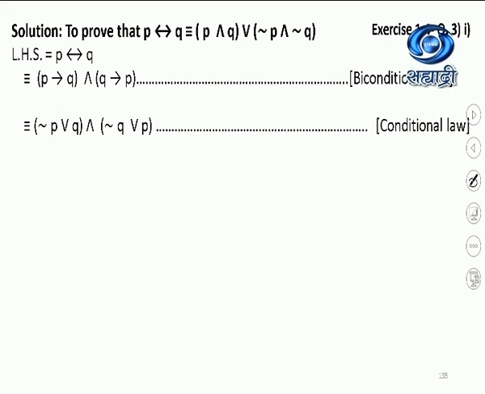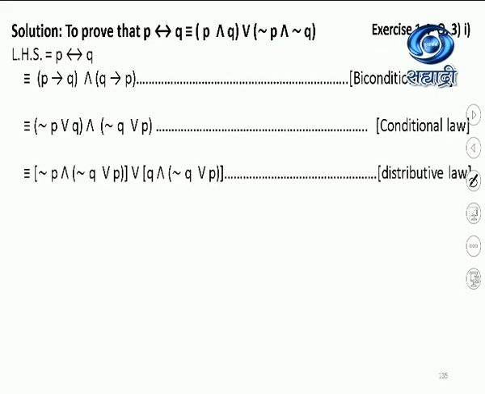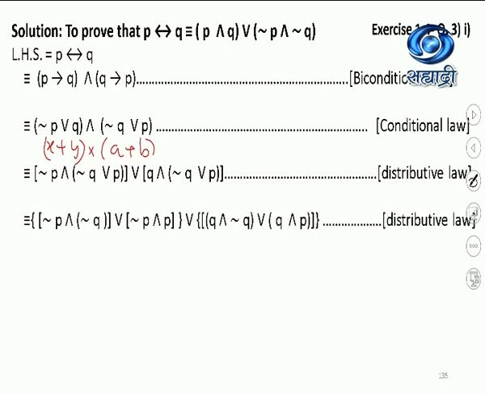Then I can further take the distributive law, taking negation P. That means what I am doing in simple words, I am using X plus Y into A plus B type of distributive law. So it will be negation P and negation Q or P, or Q and negation Q or P. Inside the first square bracket, I use again the distributive law.